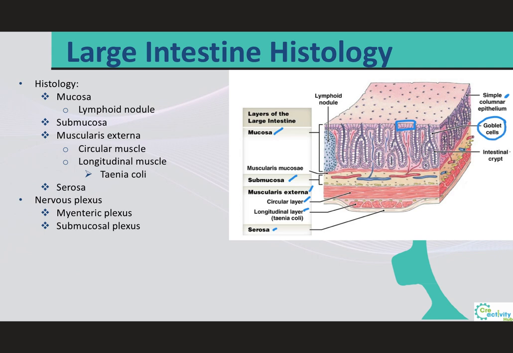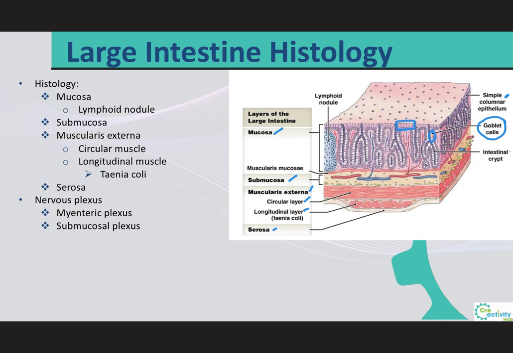And these goblet cells will secrete mucus that will help ease the movement of feces and also protect the intestine from the effects of the acids and gases that are produced by the enteric bacteria.